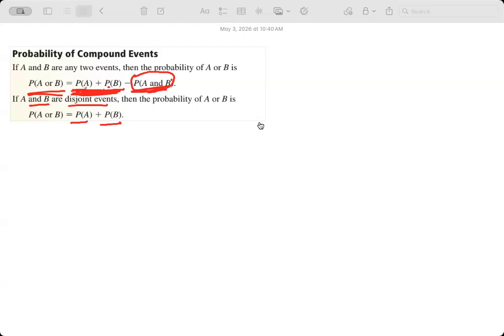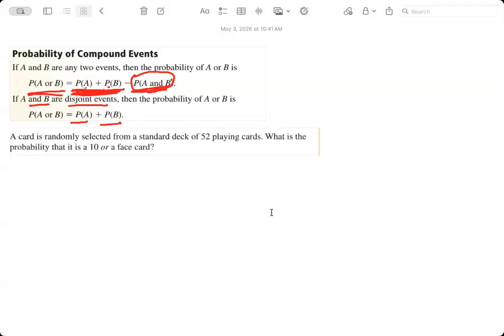Now tell me, I don't want you to do this problem, I just want you to tell me whether they are disjoint events or they have intersection. A card is randomly selected from a standard deck of 52 playing cards. What is the probability that it is a 10 or a face card? Are they disjoint events? Will you use formula 1 or formula 2?